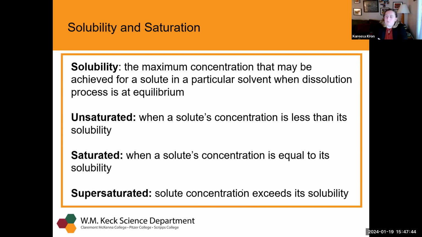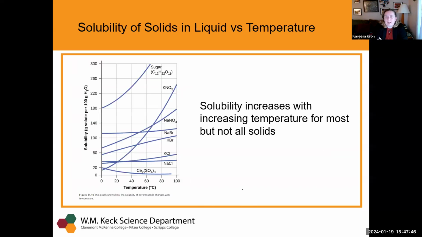And so one of our learning goals is to be able to describe what happens to solubility as you change the temperature of a particular system. And so this first plot is a plot of solubility of solids in liquid as you change temperature. And so what this shows is if sugar is added to water at 0 degrees Celsius, you can dissolve 180 grams of solute or sugar in 100 grams of water.